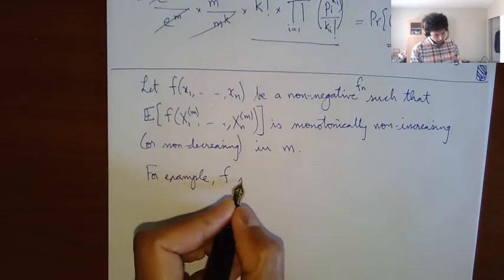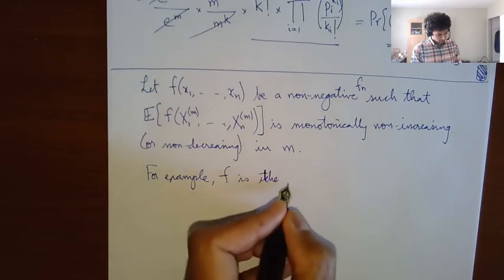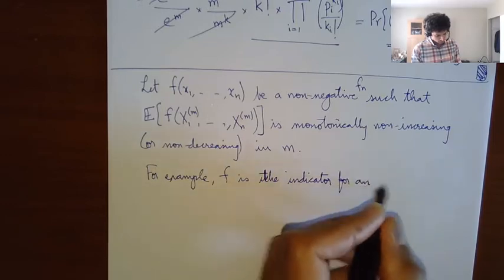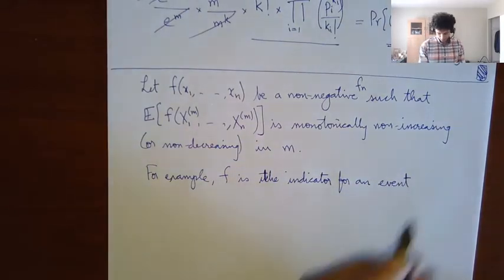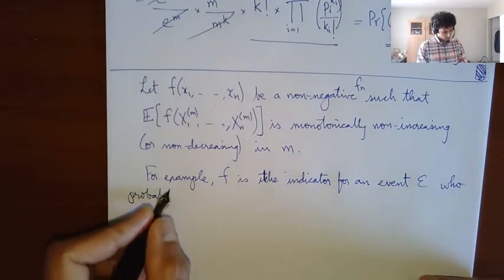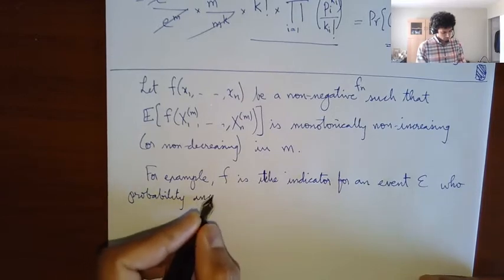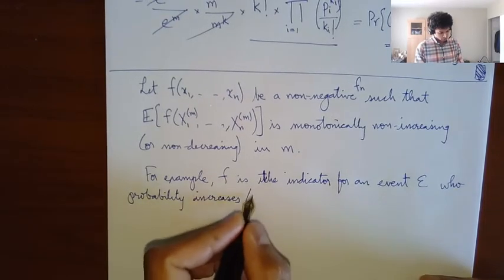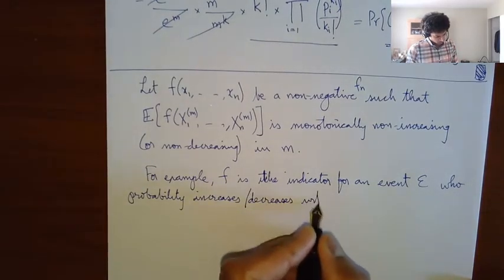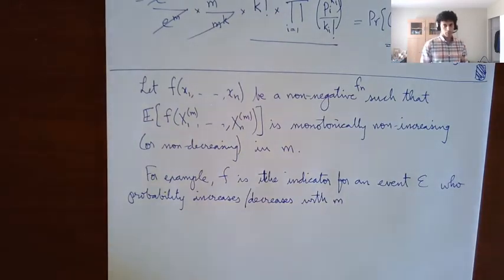So for example, a simple case is that f is the indicator for an event whose probability increases or decreases with m. So think of an indicator for an event such that the probability of the event will only increase or decrease if you increase m.